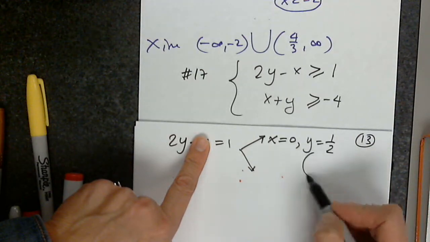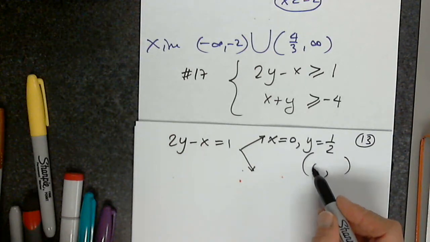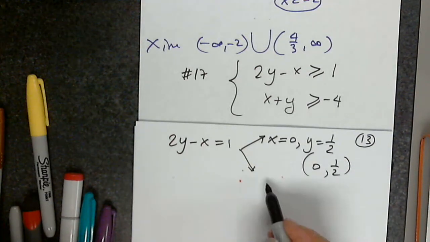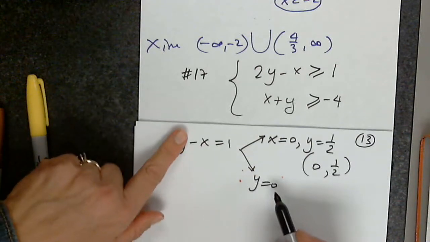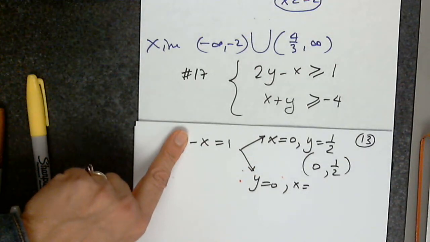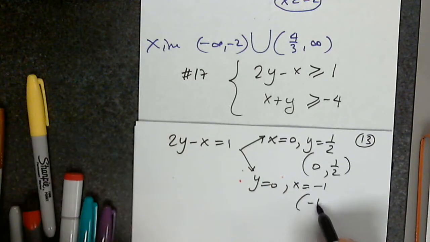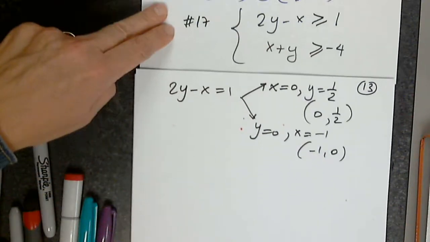Very good. And the ordered pair is? 0 comma 1/2. And now when y is 0, I cover it. How much is x? -1. So -1 comma 0.